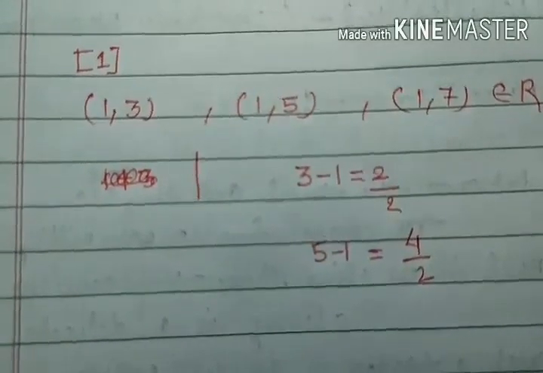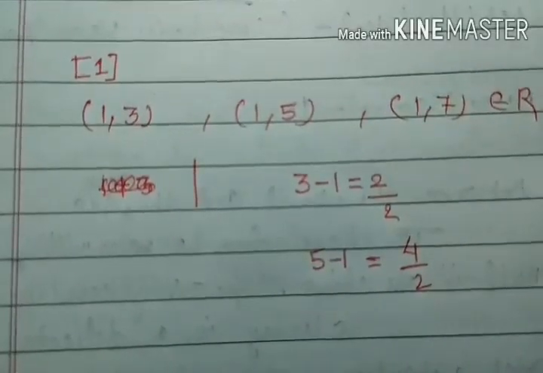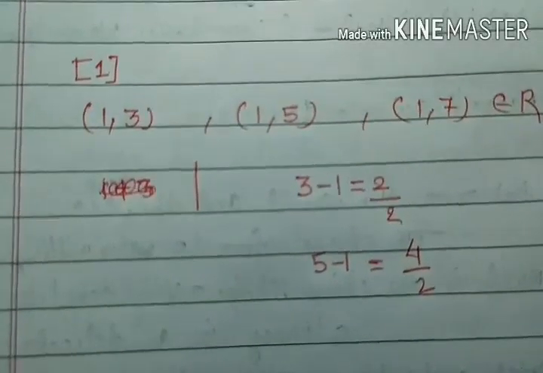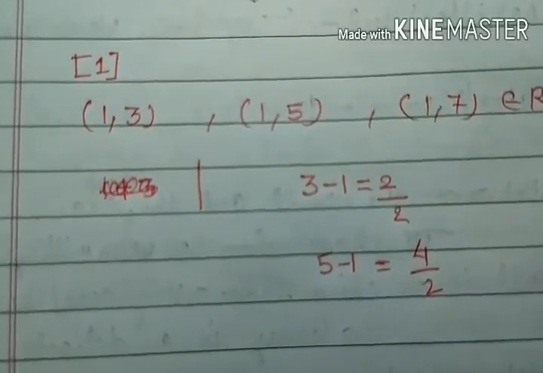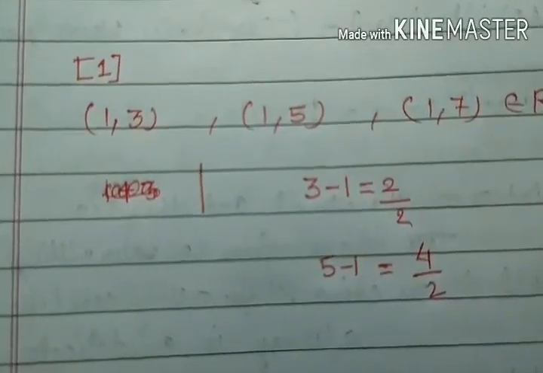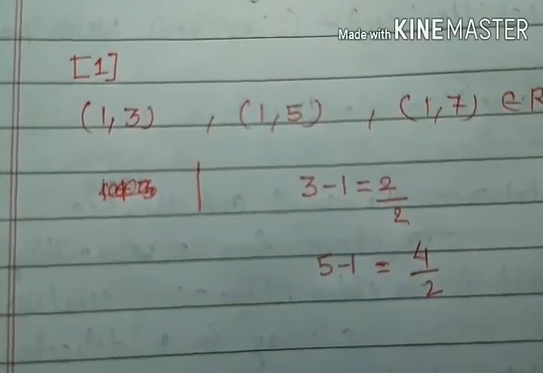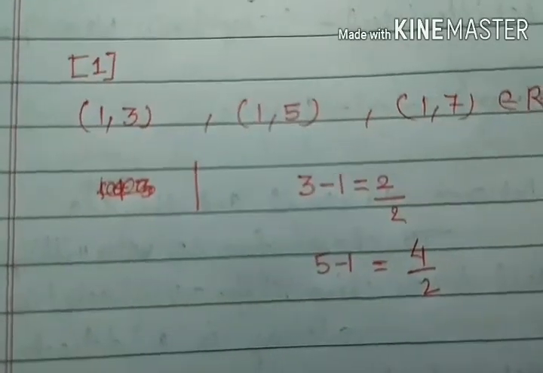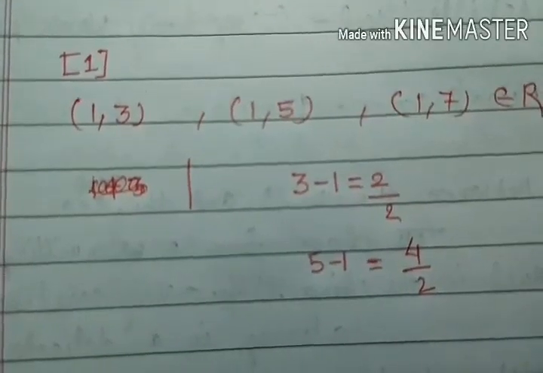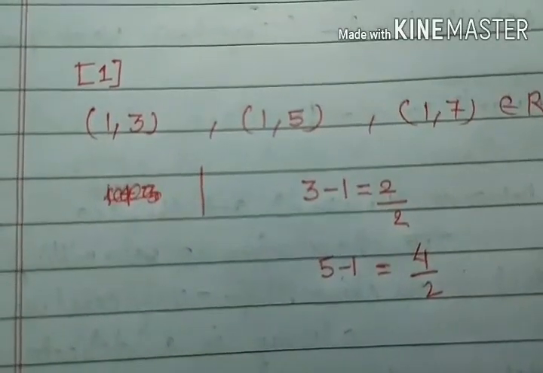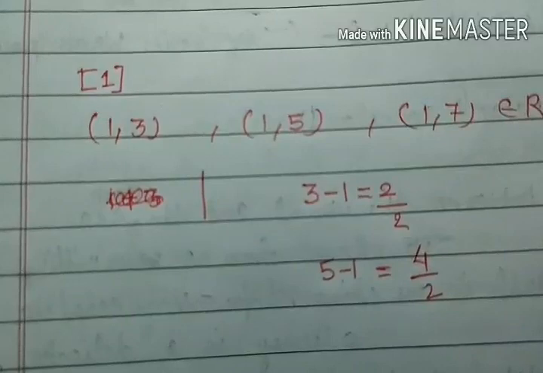Because when you subtract, 3 − 1 gives 2, a number divisible by 2. Similarly, 5 − 1 will give you 4, which is divisible by 2. That's why these ordered pairs belong to R. So we call this one an equivalence class.